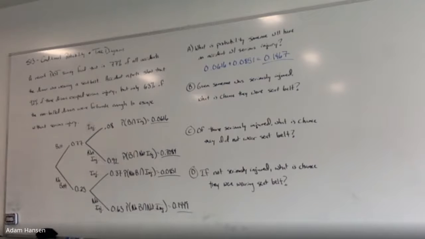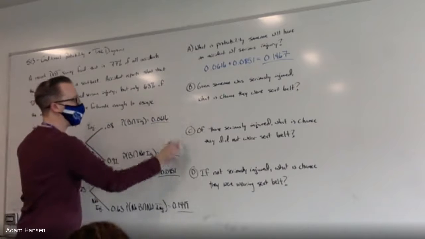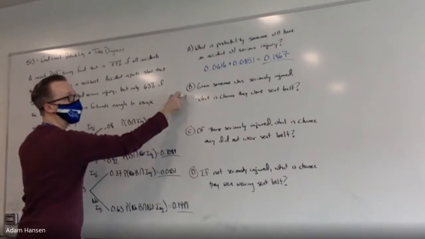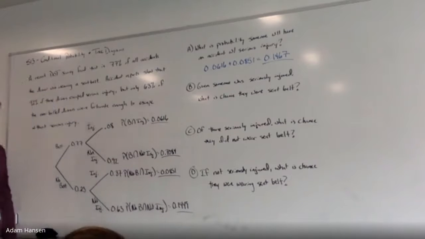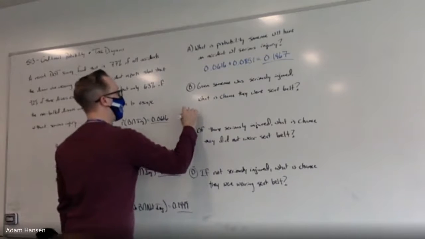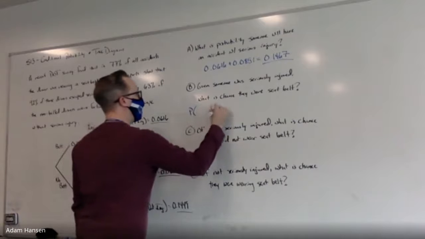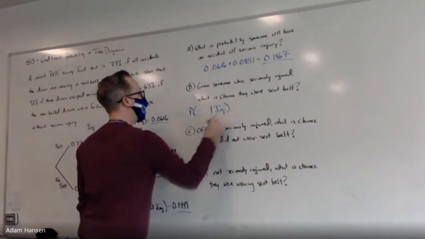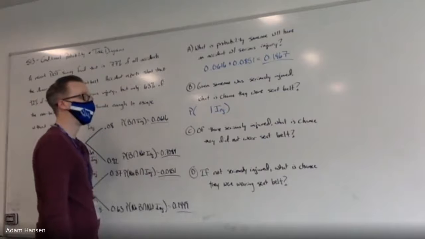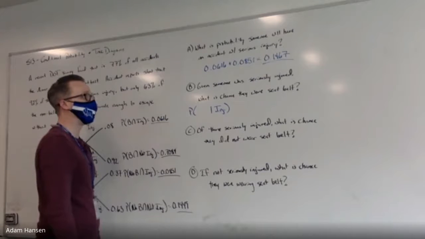Now we have some conditional probabilities to outline on parts B, C, and D. What are we assuming to start with for part B? Given someone was seriously injured, what's the chance they wear a seatbelt? They were seriously injured. So what's the probability that you were injured, and what else has to happen?